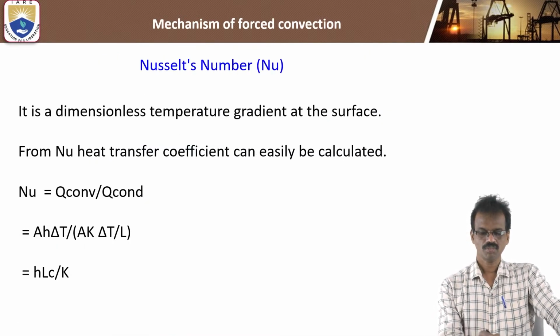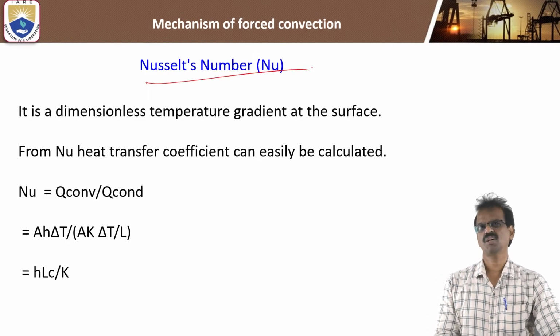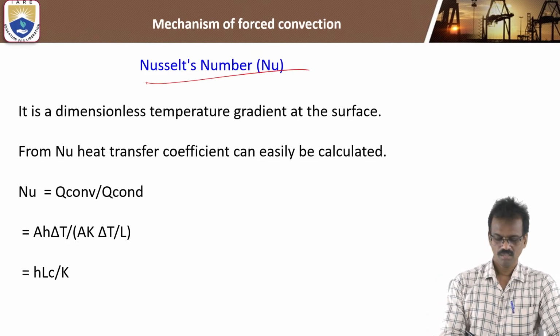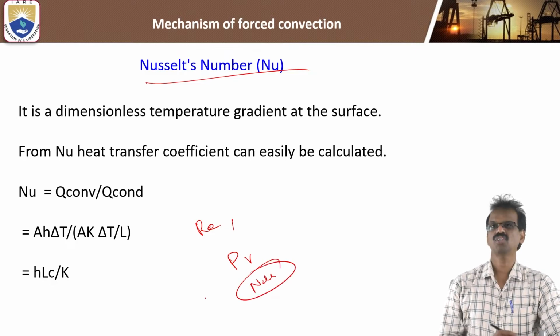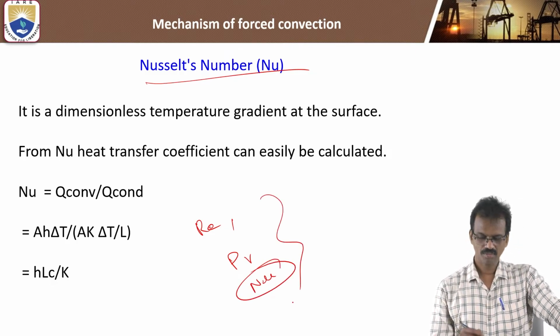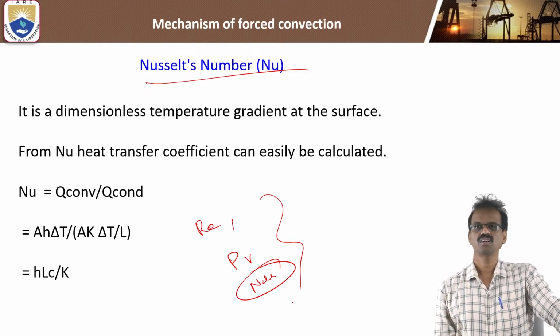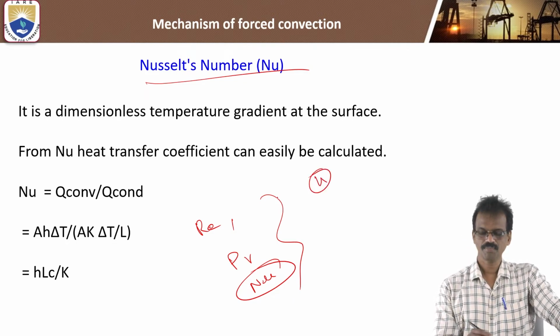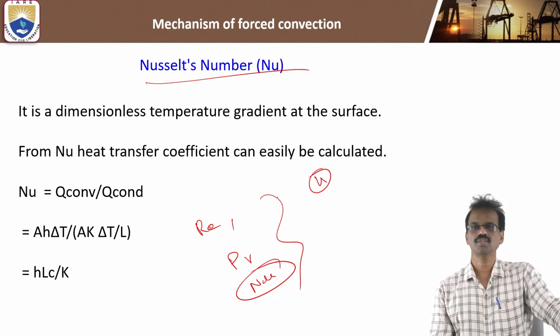Okay, so the next one is the Nusselt number. I have already explained the Reynolds number and Prandtl number, and now I'm explaining the Nusselt number, because these three numbers are very important to find the h value for forced convection.